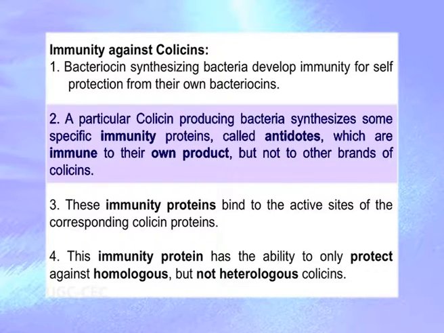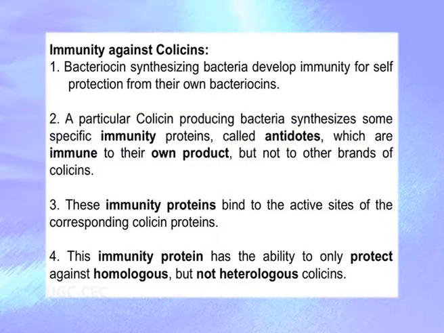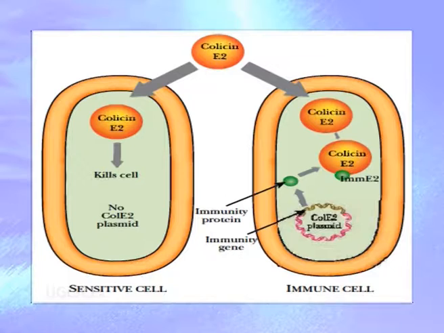They are called antidotes, which are immune to their own product but not to the other brands of the colicins. These immunity proteins bind to the active sites of the corresponding colicin proteins and inactivate them. So this immunity protein has the ability to protect against homologous but not heterologous colicins.